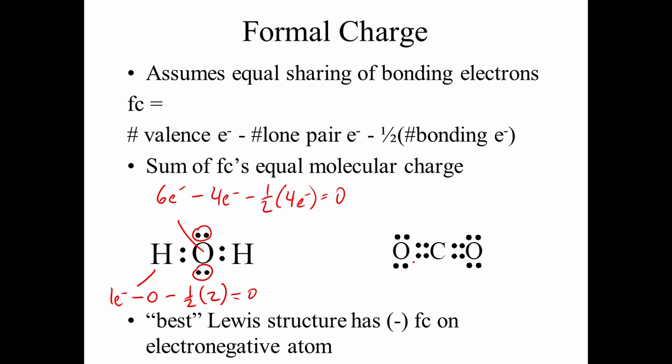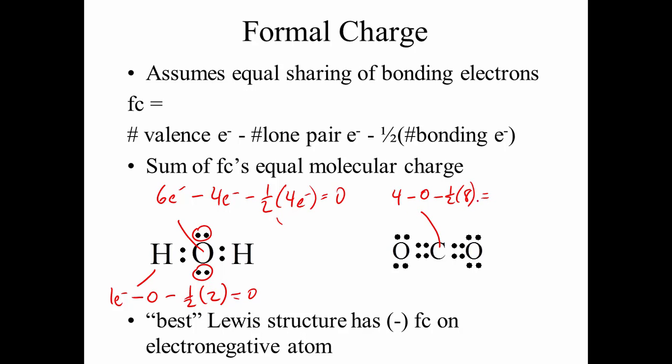For carbon dioxide, we could do a similar calculation. Let's look at the carbon first. Carbon from the periodic table has 4 valence electrons. There are no lone pairs around the carbon, and there are 1, 2, 3, 4, 5, 6, 7, 8 bonding electrons.